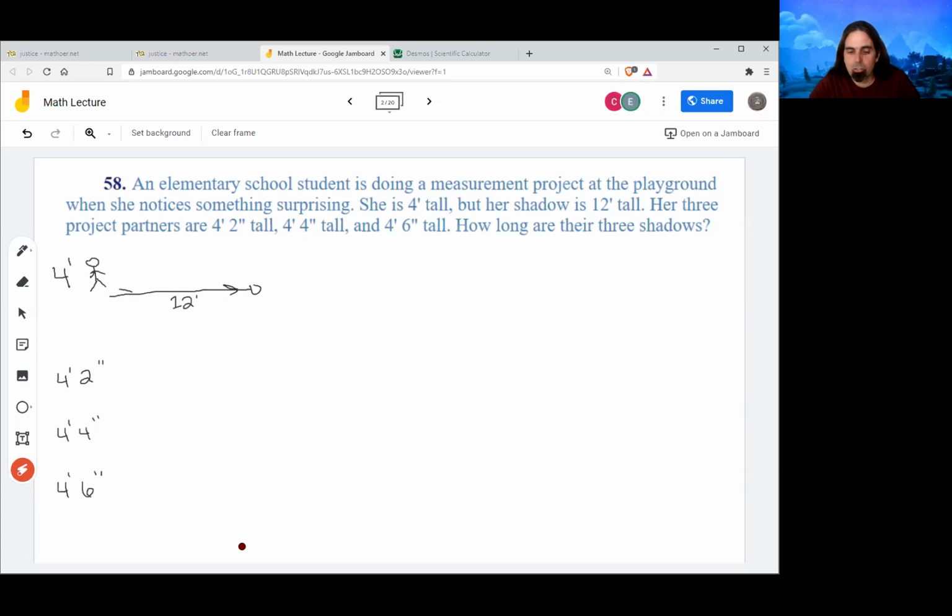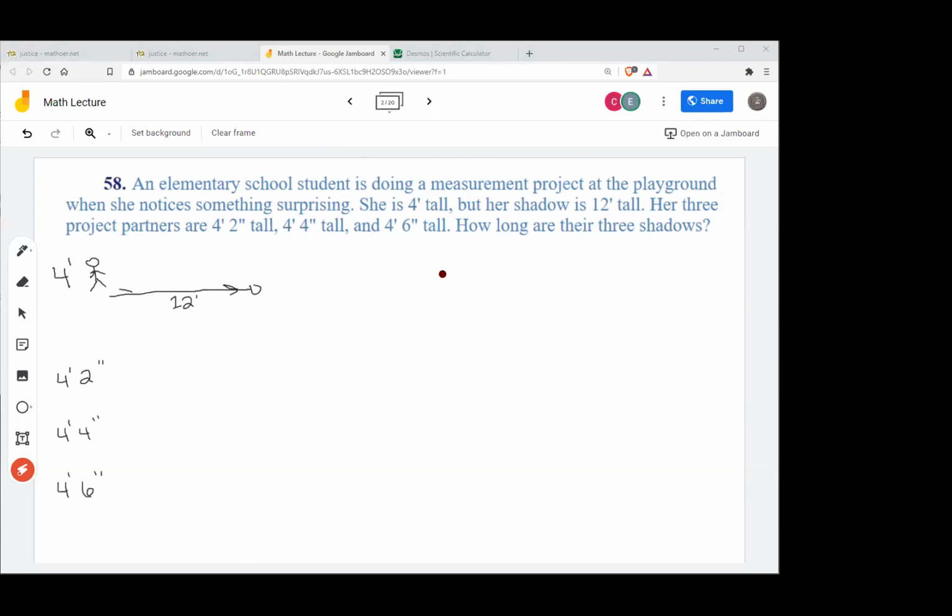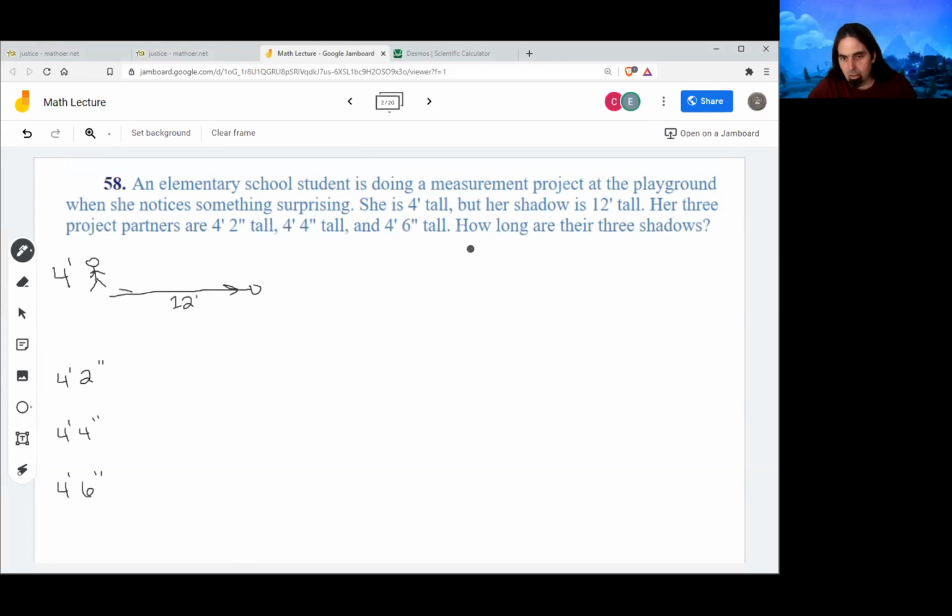Is everyone with me just with the situation so far? Yeah. If we do this the old-fashioned way with a proportion, we could say that a 4-foot student has a 12-foot shadow.